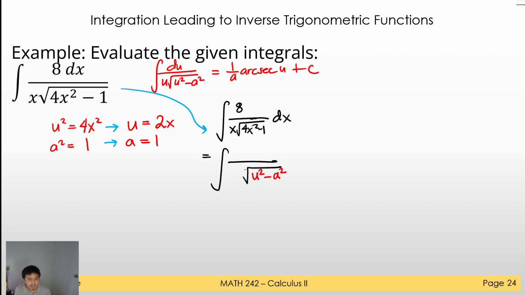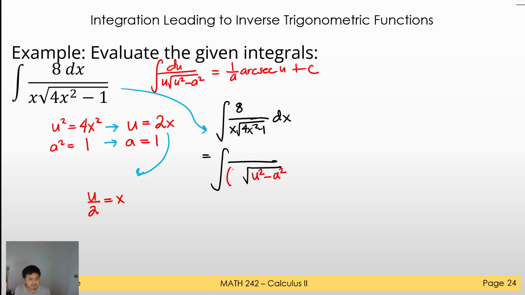And then what about this x in 8 over x? We know that u is equal to 2x. Therefore, we can say that u over 2 is equal to x.